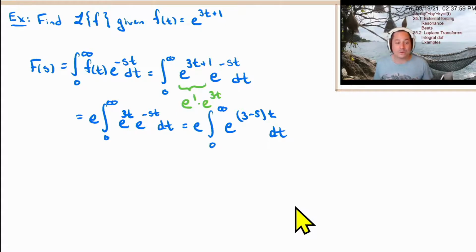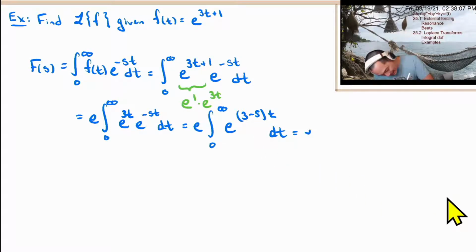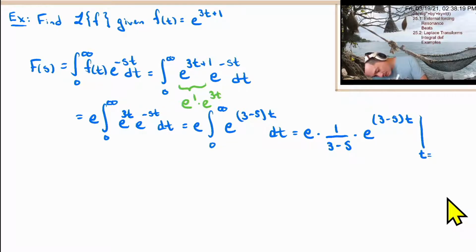So now I integrate with respect to t, and when I integrate with respect to t, this 3 minus s does not care. So what do I get? I get an e from before times a 1 over 3 minus s times an e to the 3 minus s times t, evaluated from t equal to 0 up to t equal infinity.